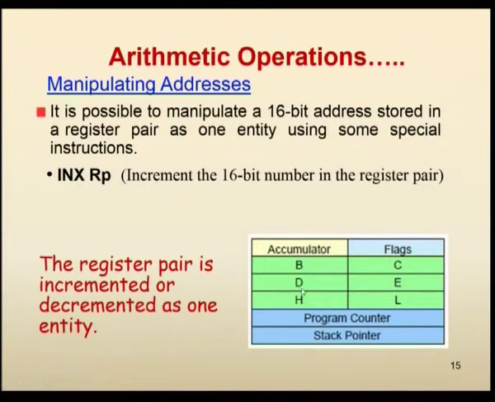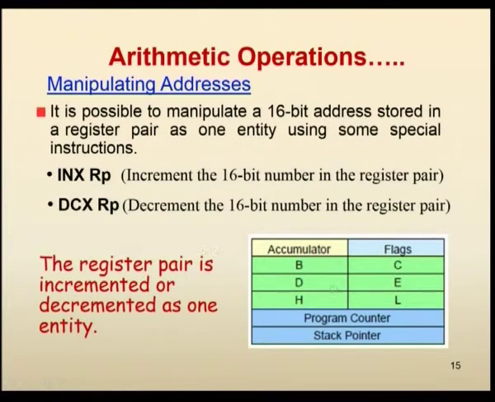Extended means the contents of D and E, or H and L, or B and C are treated as a single 16-bit number. RP represents any one of the register pairs, either B and C, D and E, or H and L. Similarly, you can also decrement it, treating them as a single 16-bit register.